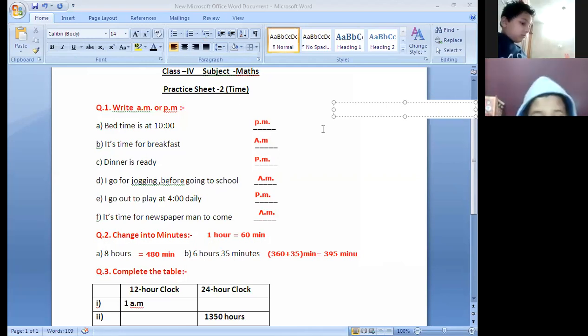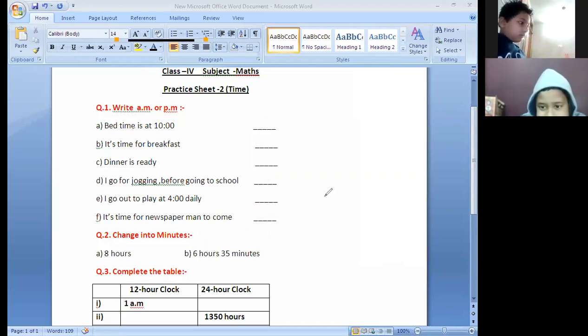So quickly read the next question. Complete the table. Ma'am, in this question, in one table, we have in column A, the 12-hour clock, and in column B, the 24-hour clock. It means in a few questions, 12-hour clock time is given, and in a few questions, 24-hour clock time is given, and we have to fill the rest. Okay.